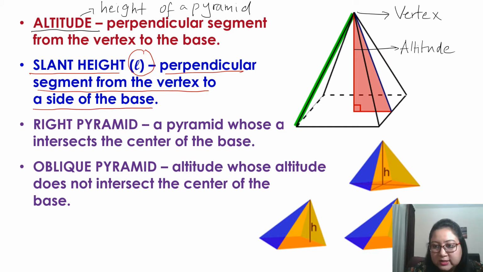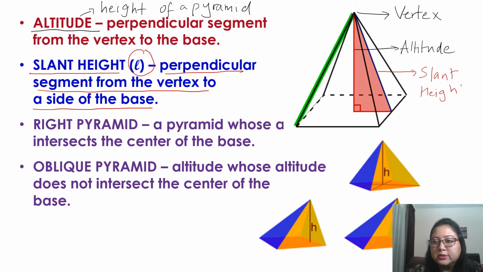So if I take this side of the base, for example, then it starts from the vertex and it comes down again in a perpendicular fashion to meet the side of the base, not the base but the side of the base.